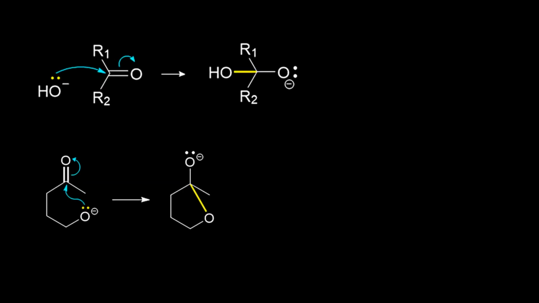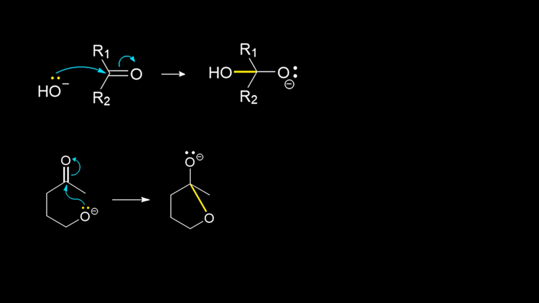But nucleophiles don't just attack alkyl halides, they can also go after carbonyl carbons using their lone pairs to kick off the reaction. For example, when hydroxide attacks the carbonyl carbon of a ketone, it forms a tetrahedral intermediate. That happens because the carbonyl carbon is electrophilic. It's electron deficient, so it makes a perfect target for nucleophiles.